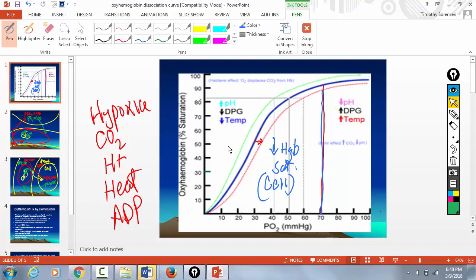What conditions do you have at the cell? You have low PO2, high PCO2, elevated temperature, and a lower pH. So all of those conditions are going to cause oxygen's ability to bind to the iron on hemoglobin to be less in the lungs. Tell me you got that.